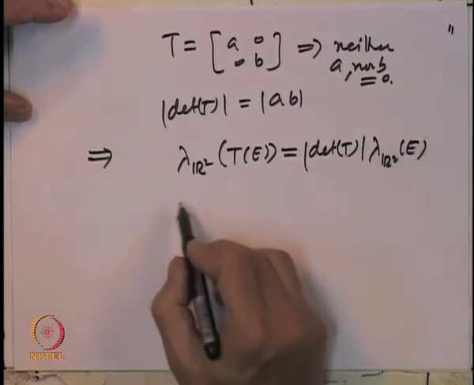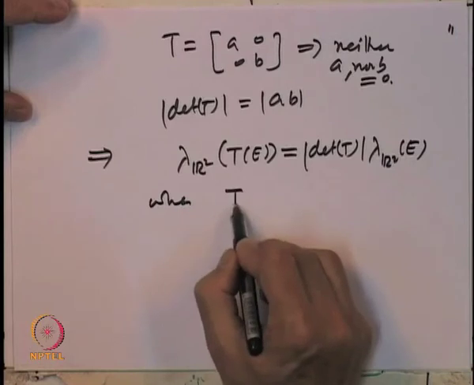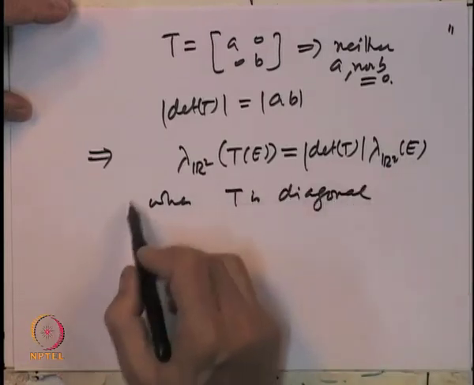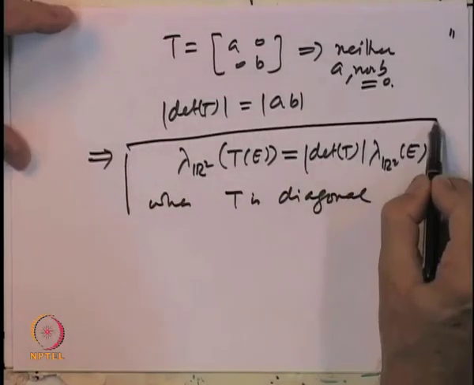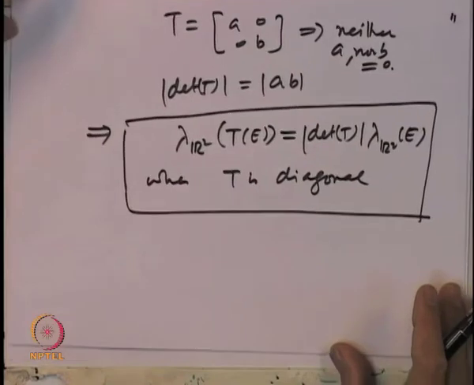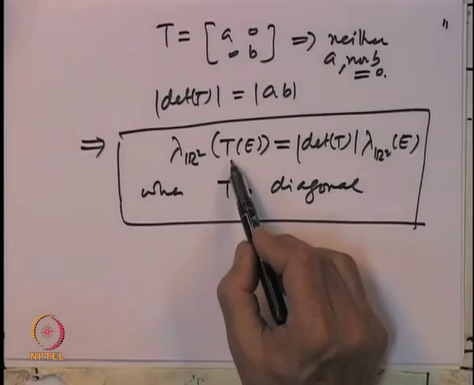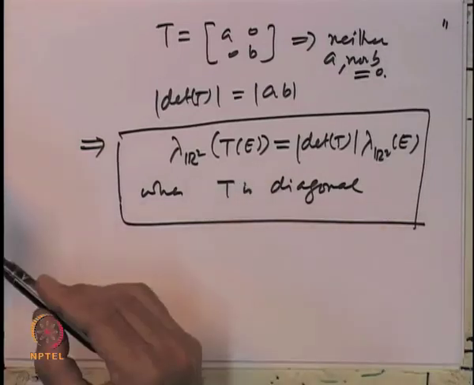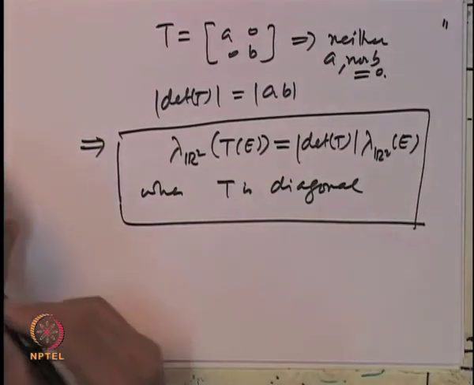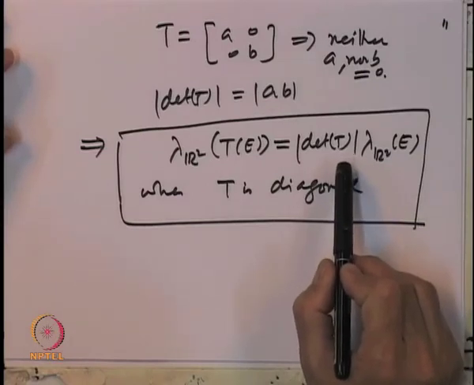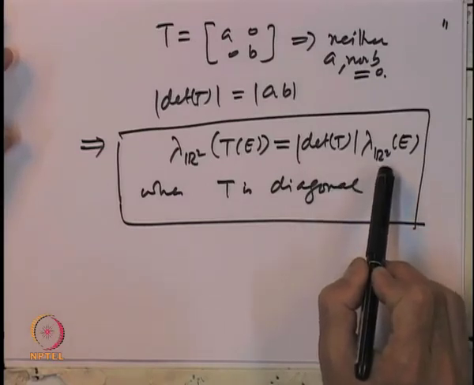So, when T is diagonal, for diagonal transformations we have this result: if we take a Lebesgue measurable set E and transform it according to a linear transformation, then the transformed set has Lebesgue measure equal to the absolute value of the determinant of T times the original Lebesgue measure.